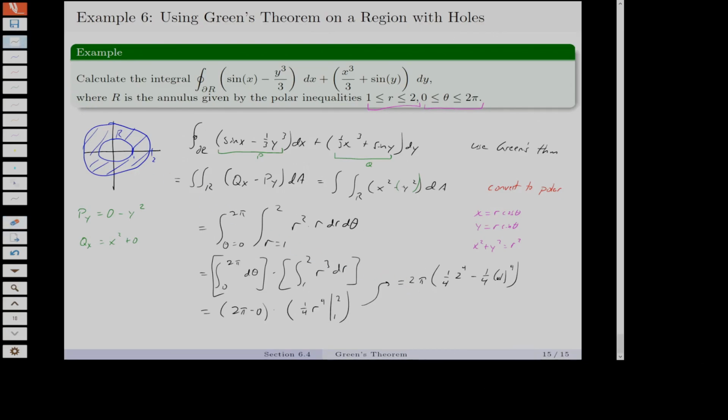So 16/4 minus 1/4 is 15/4. So I have 15 pi over 2. So that's integrating a general region with holes in it, and that's Green's theorem.